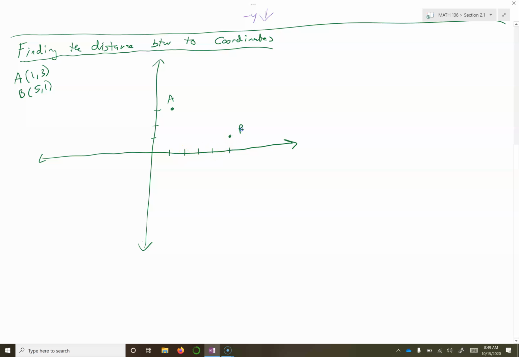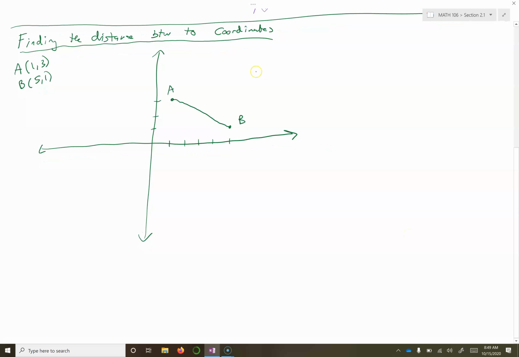So there's B. So what we're interested in finding is the distance between these 2 points. This is a little bit of geometry, I guess. If you have a line segment on a graph like this, we denote that line as AB with the line above it. So we're trying to figure out the distance between A and B, the size of that line segment.